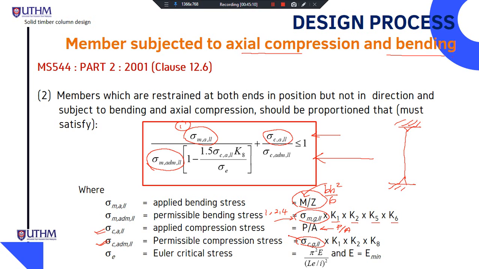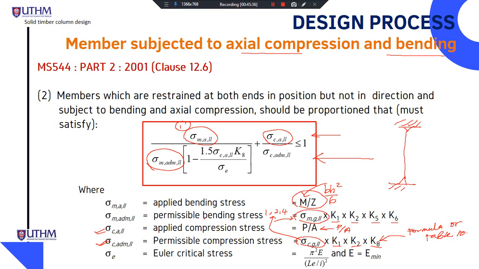This value is determined using table 1, 2 or 4, multiplied with K1, K2 and K8. K8 can be calculated using the formula stated in Appendix D or using table 10.